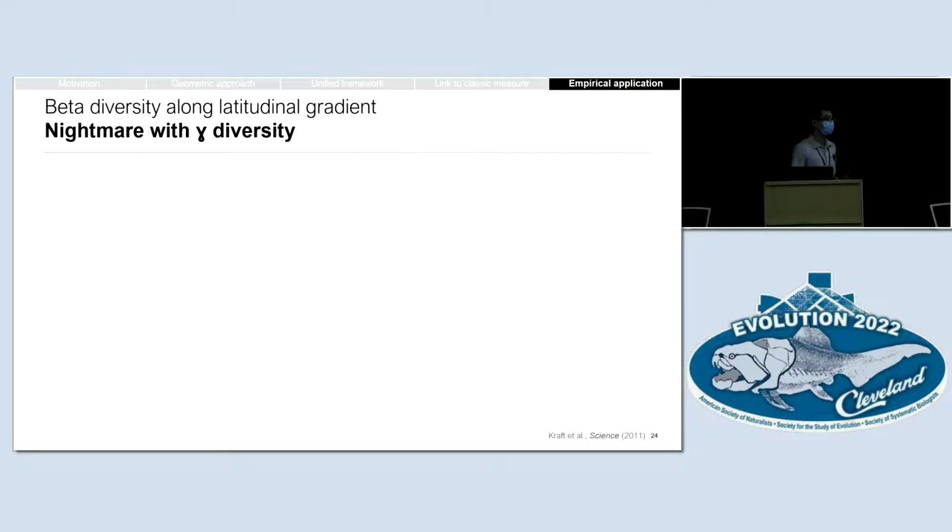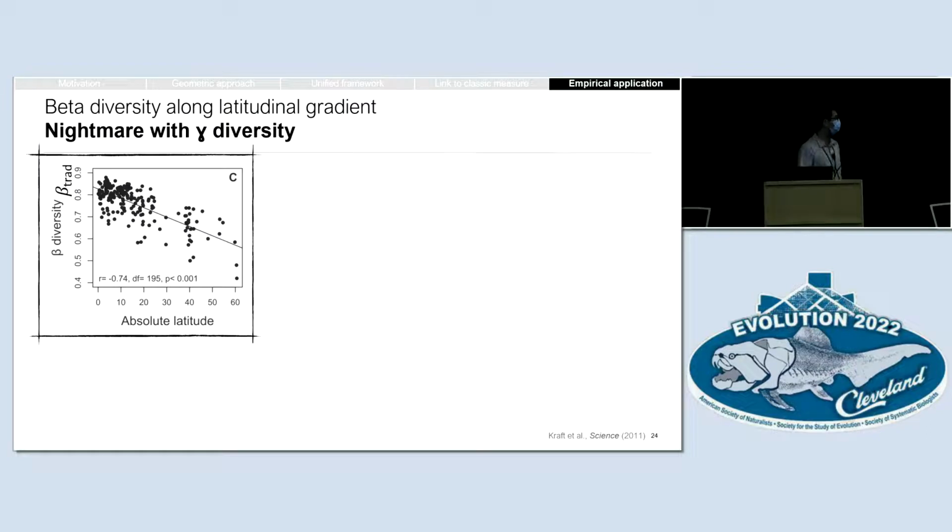So the first empirical example we're going to focus on is a central debate in spatial statistics for the last decade, which is about the pattern of beta diversity along the latitudinal gradient. It has long been thought that beta diversity would decrease with latitude. Here, the x-axis represents the absolute latitude, while the y-axis represents the beta diversity. I'm just using the traditional beta measure.